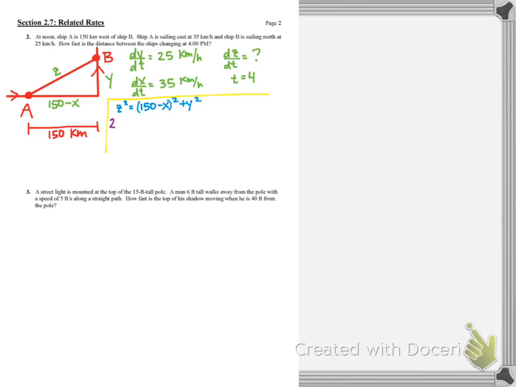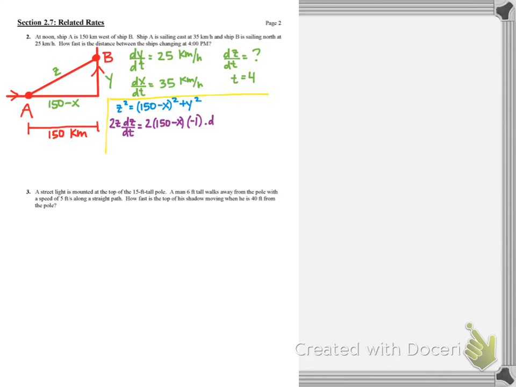Now that I've done that, I need to take a derivative with respect to t. So that's 2z dz/dt equals 2. Leave the quantity alone on the inside. Chain rule, multiply by the derivative of the inside.